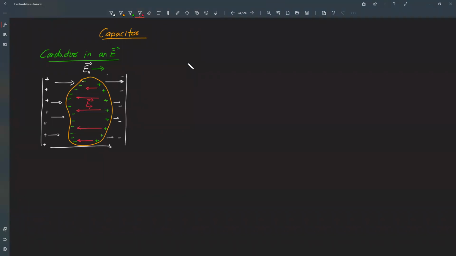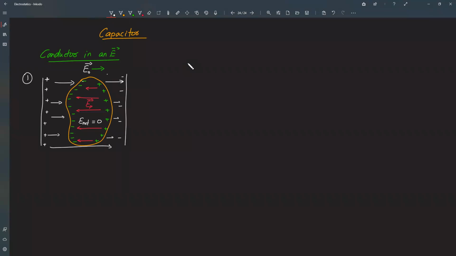Okay, so it is due to this field, which is set up in the opposite direction, that we have net electric field equal to 0. So the E net inside the conductor will be equal to 0.